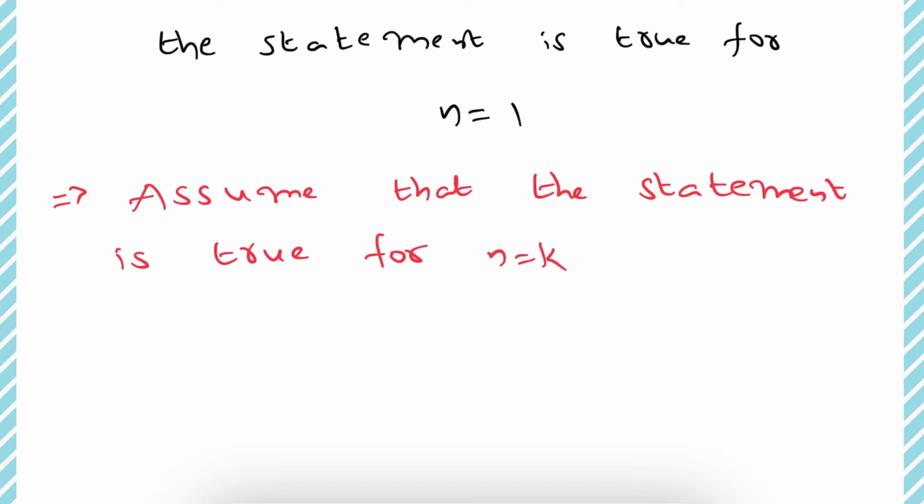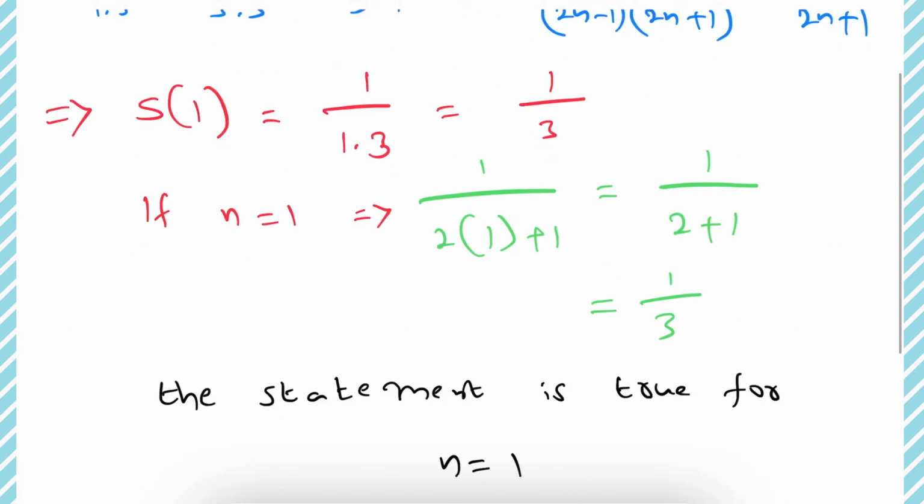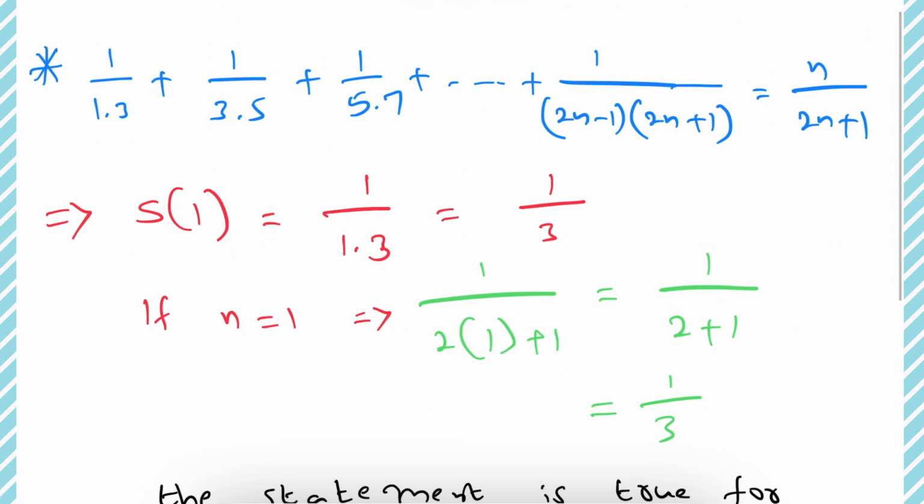In the given question, wherever we have n, in the place of n we need to substitute k. If we check the question once, 1 by 1 into 3 plus 1 by 3 into 5 plus 1 by 5 into 7 plus and so on, plus 1 by (2n minus 1) into (2n plus 1). Here n is there, we need to substitute k. Equals n by 2n plus 1, here also k we need to substitute.